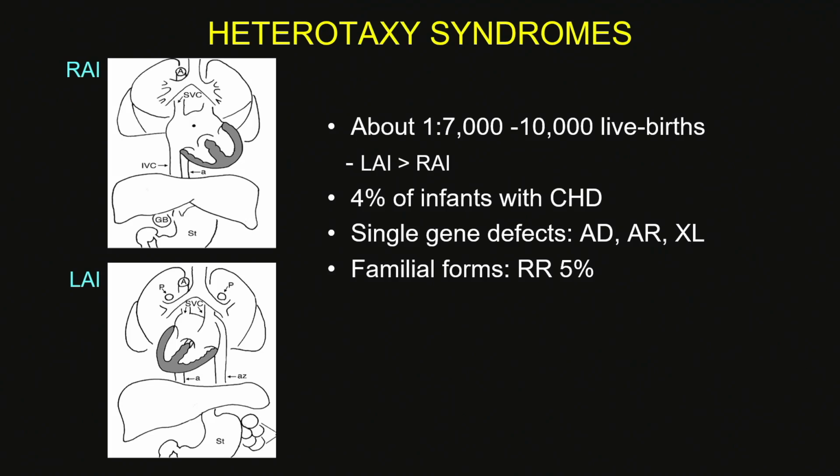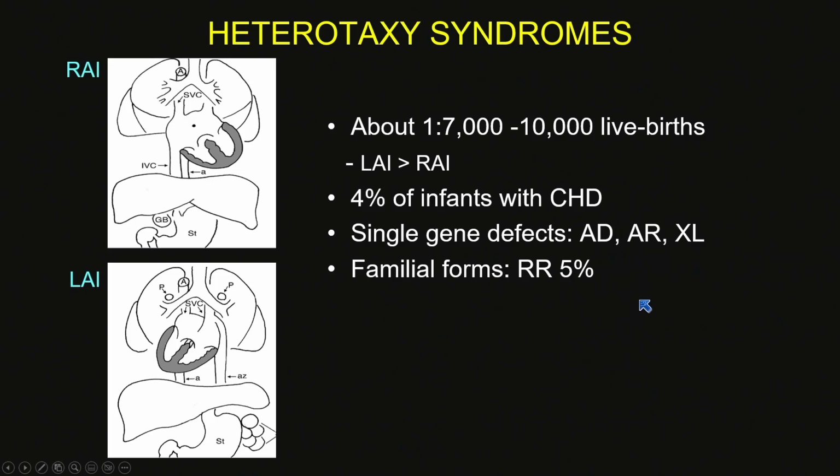I had a patient with complete situs inversus not diagnosed until 7 years of age, who had a trauma, and then they did an X-ray and found the heart on the wrong side. So it's not unusual to have abnormalities that you're not aware of. Maybe one of you here has left isomerism without anything else, so we never know. But there are 4% of infants with structural heart disease, so it's not so rare.